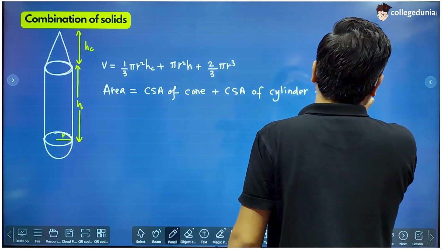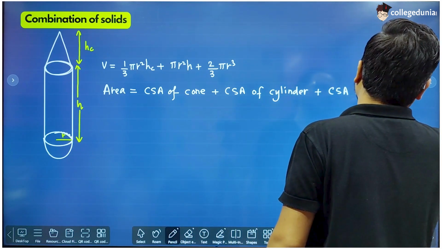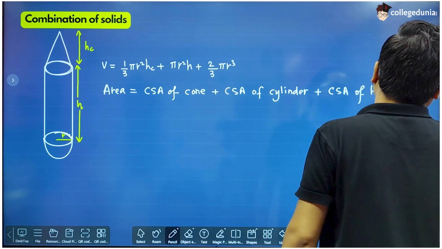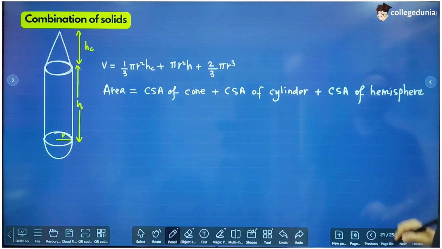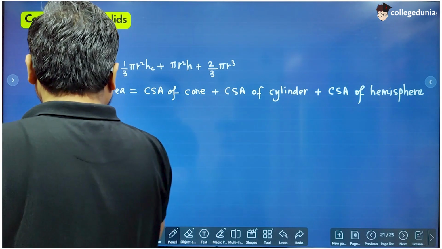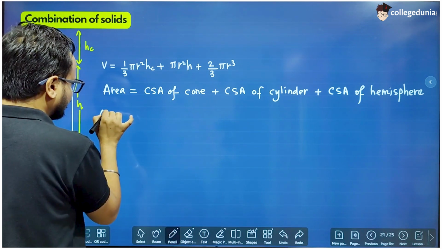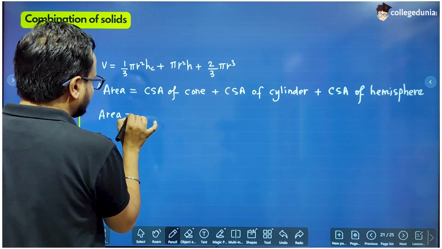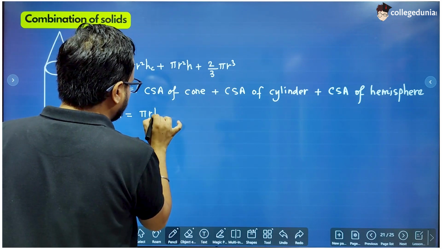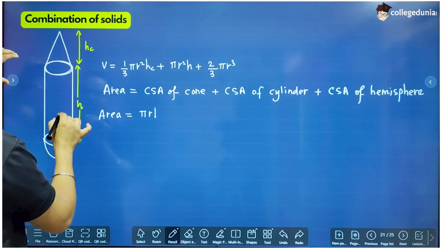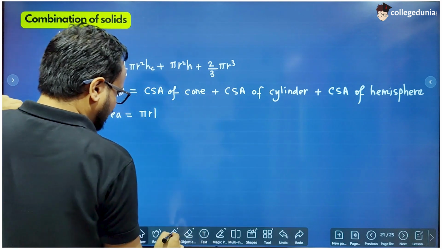plus CSA of cylinder plus CSA of hemisphere. Clear? And what's that? CSA of cone is pi r l. You can find l using these parameters.